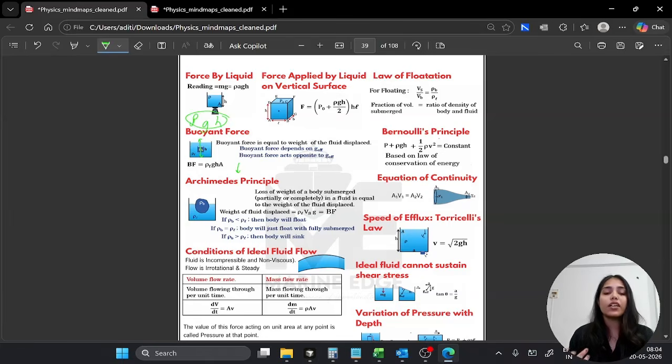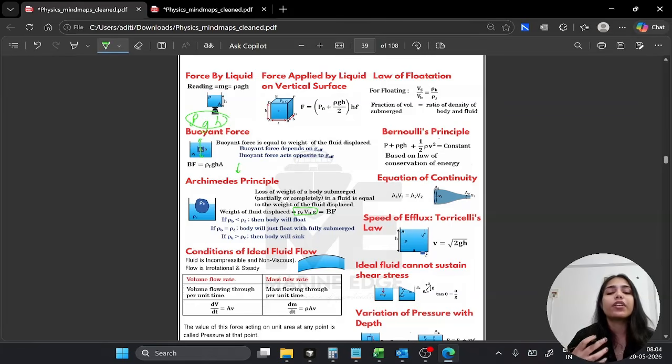Now, what is Archimedes' principle? Archimedes' principle states that the buoyant force is the weight of the fluid that is displaced, that is rho into the volume of the solid into g. Rho of the liquid and volume of the solid, multiplied by gravity, is the weight of fluid displaced, right?